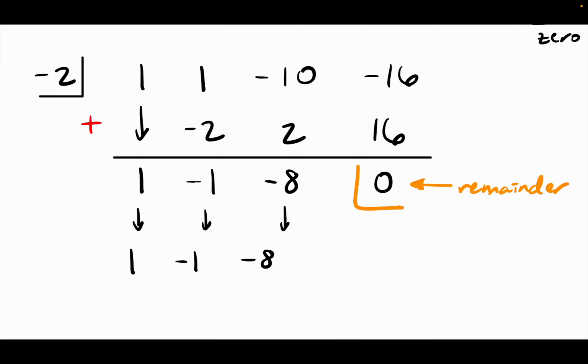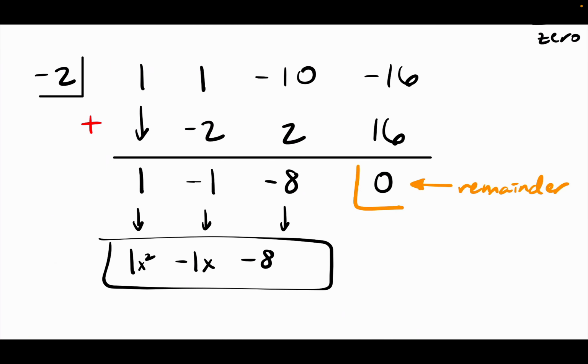The next one gets one power of x, so I put an x there. Then go one bigger. Done. That's your quotient.